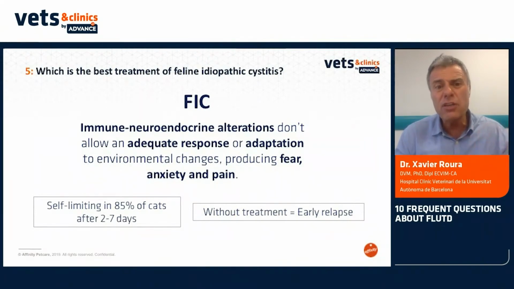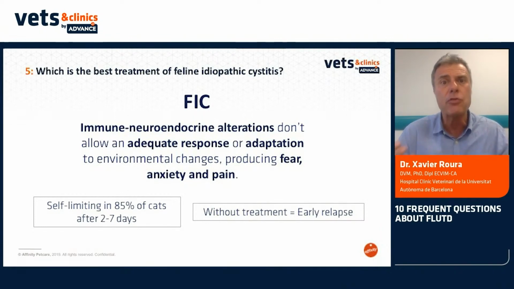So we don't need to use antibiotics, because this kind of disease, even if you don't do any kind of treatment, improves alone between 2 to 7 days. So sometimes as veterinarians, we use antibiotics because we find hematuria or pollakiuria and we think about urinary tract infection. If we confirm that the diagnosis is urinary tract infection, we need to give antibiotic, but if it's feline idiopathic cystitis, the cat can improve, but not because of the antibiotic.